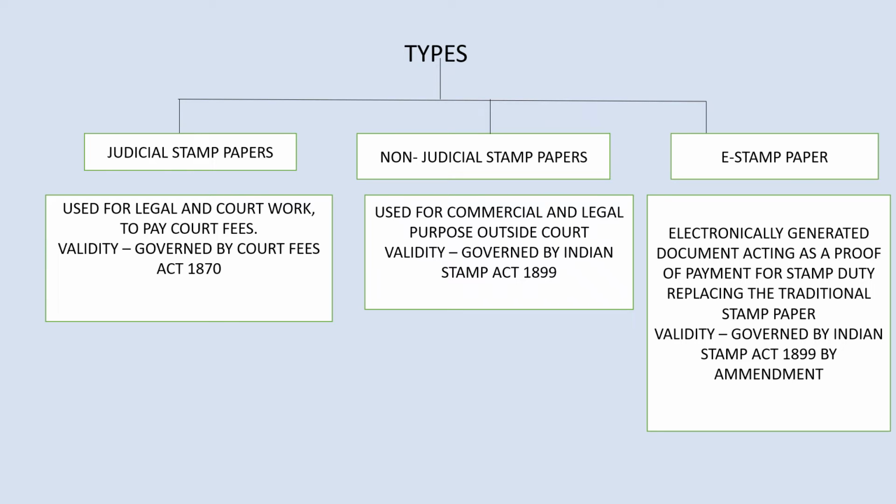So the e-stamp papers are also non-judicial stamp papers, but in an electronically generated document form, and these are also governed by the Indian Stamp Act of 1899, and this came in by amendment of the Act.